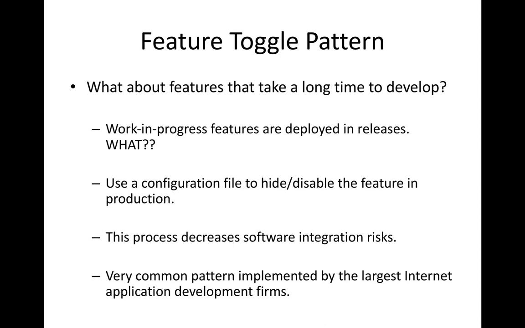The beauty of this pattern is that it allows us to take this code which isn't finished yet and integrate it with our production code. And that allows us to test it in a way. We can ensure that we haven't broken any of our production features.